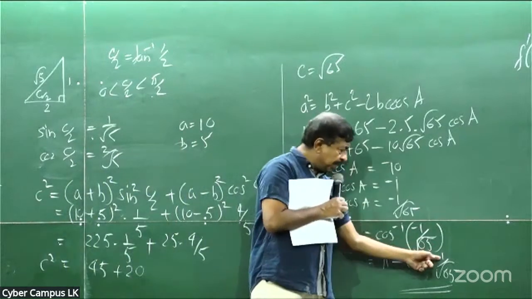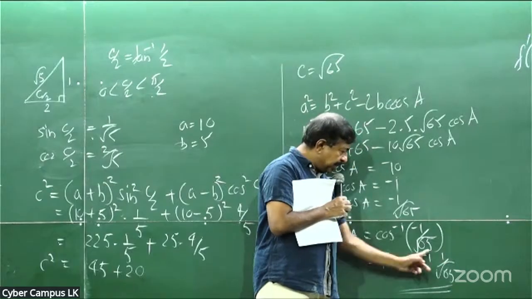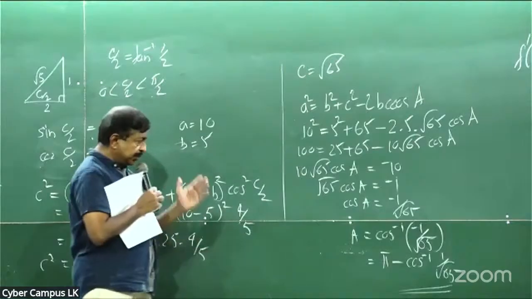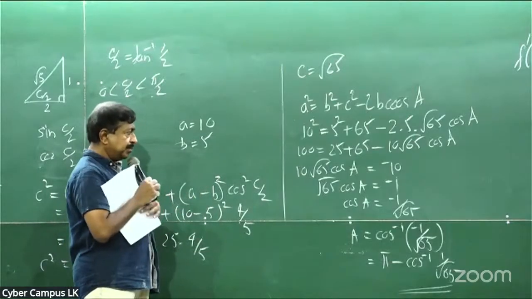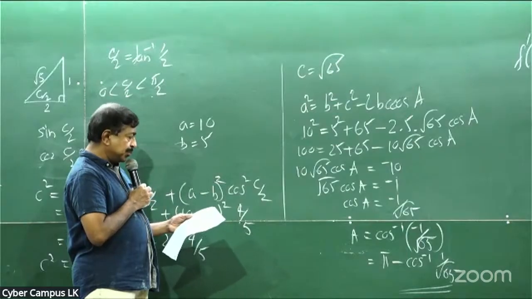This is a small value. This is almost 90, say 85. So 180 minus 85, like 95. It is slightly greater than 90. Right. B is the smallest angle in the triangle.